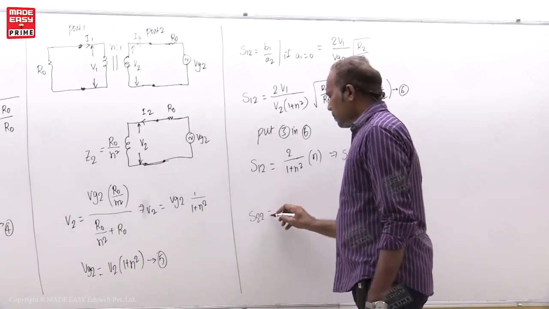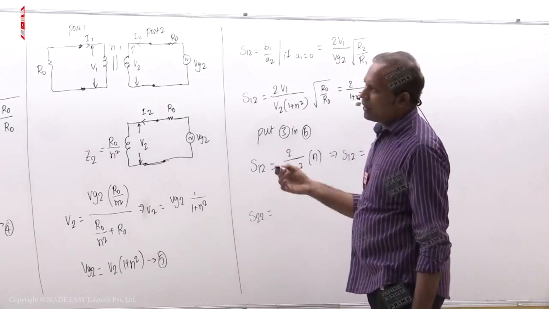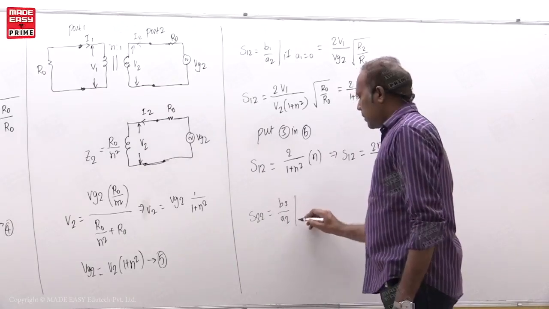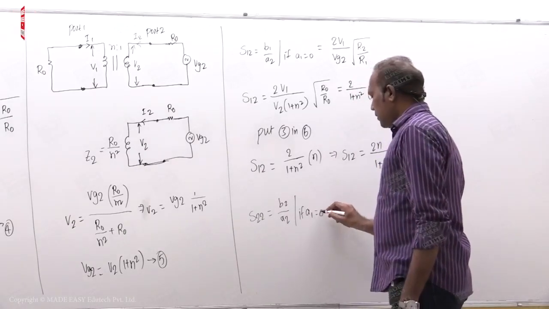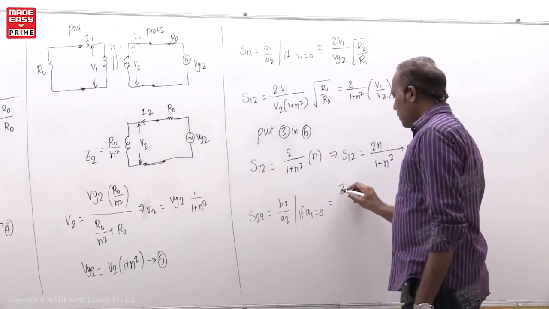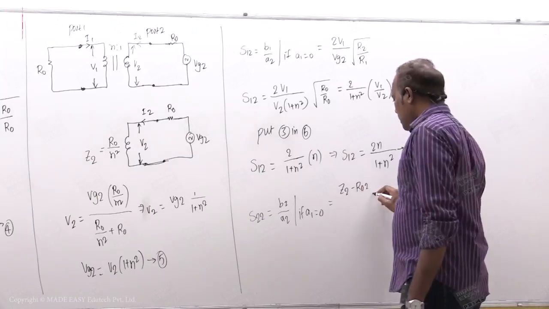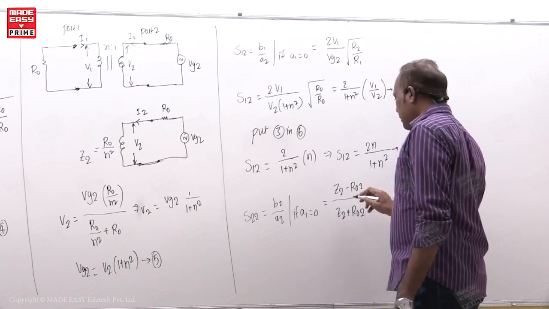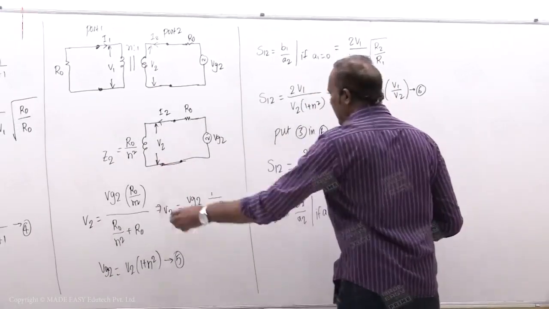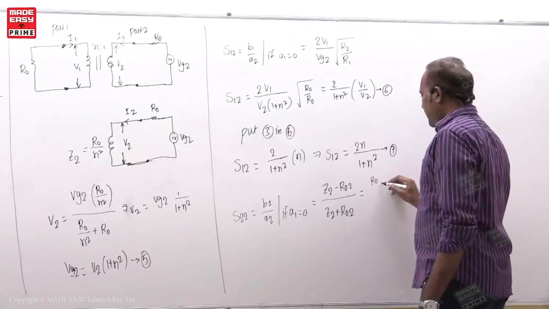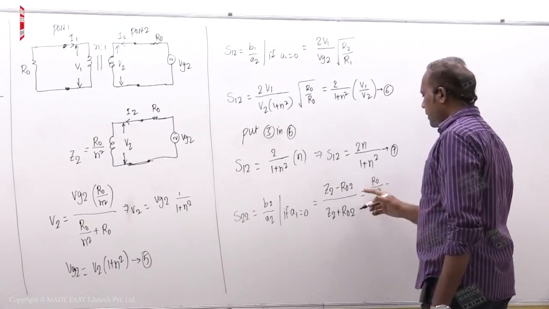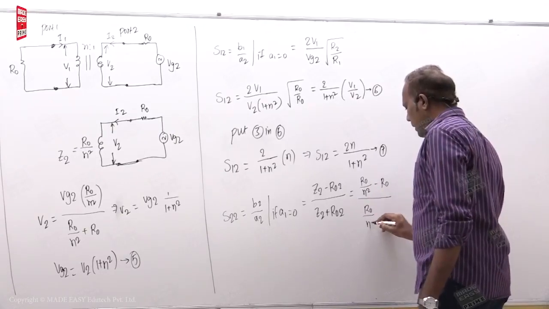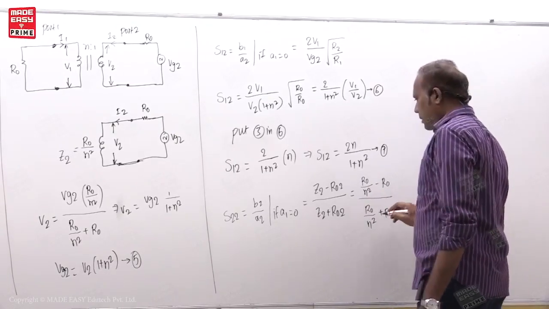S22 is equal to, directly I am writing, B2 by A2 provided A1 is 0. So that is Z2 minus R02 divided by Z2 plus R02. Here what is Z2, students? R0 by n square minus R0, divided by R0 by n square plus R0.